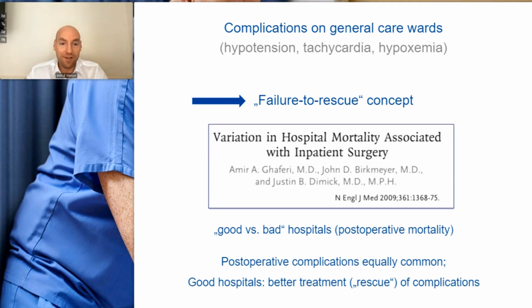Meaning that good hospitals can implement better treatment strategies and better rescue the patients when a patient has complications.